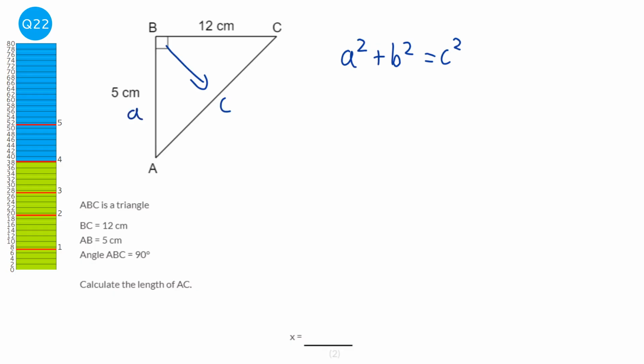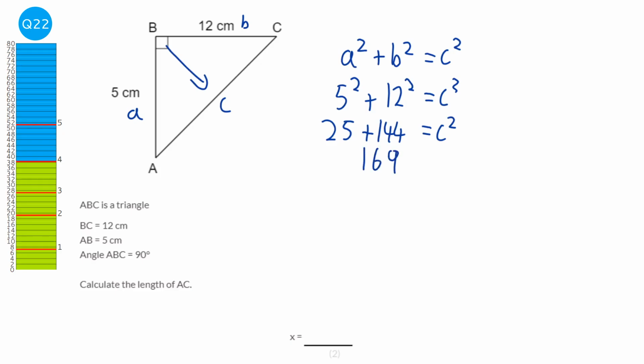So I'm going to label this a and b, so it would be 5 squared plus 12 squared equals c squared. 25 plus 144 is equal to c squared, and then 25 plus 144 is 169. And then we're solving to find out what c is, and we're just going to square root both sides. So square root of 169 is 13, so c is 13.